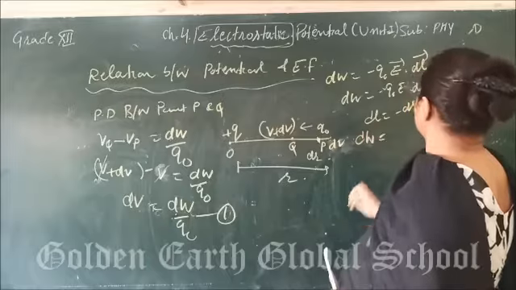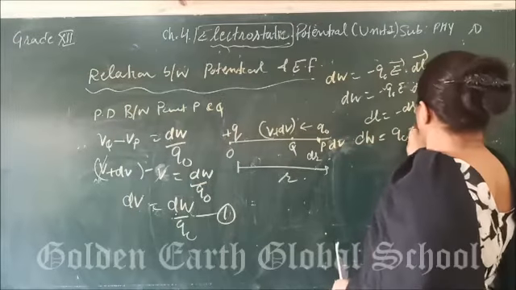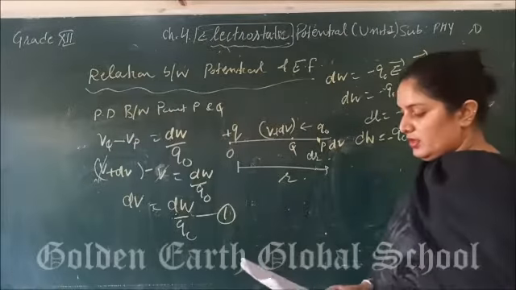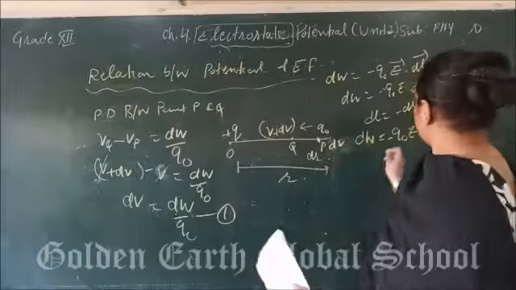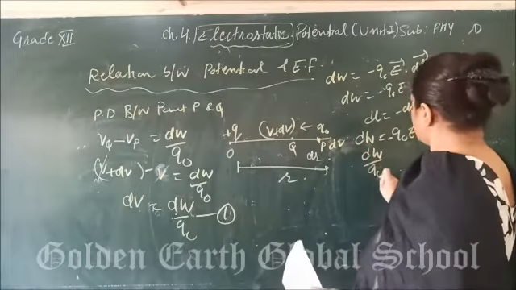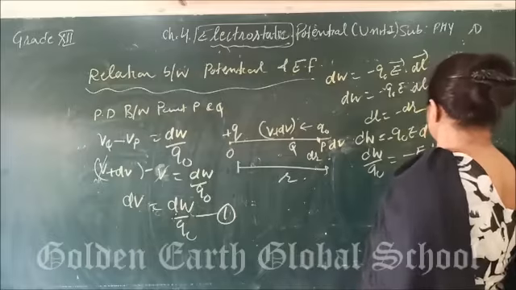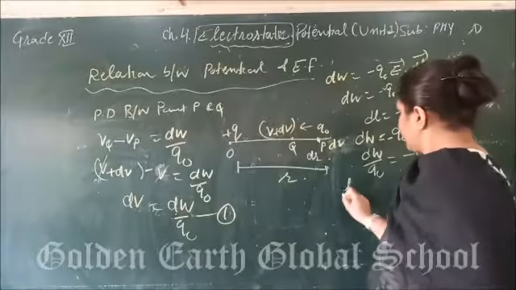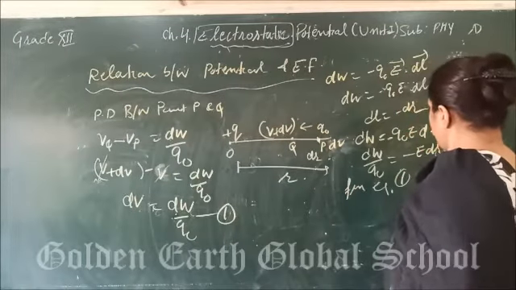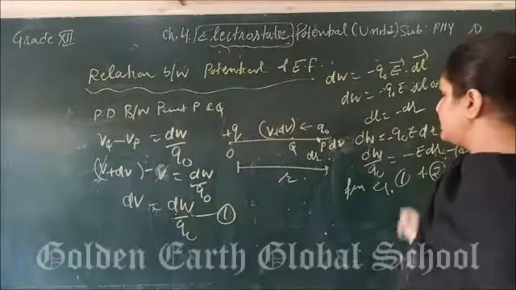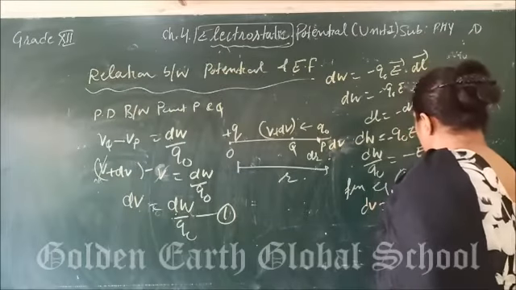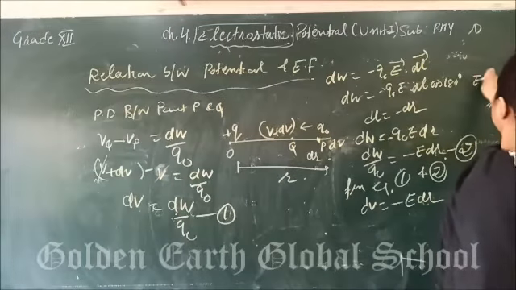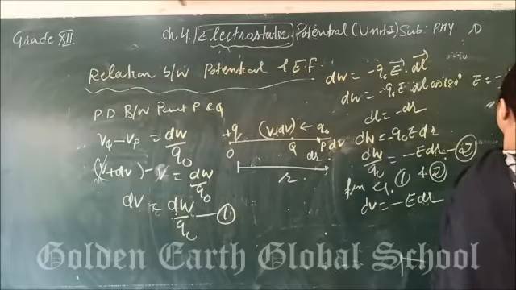So dW is equal to minus Q naught E times minus dr, that is Q naught E dr. From here dW upon charge Q naught will be minus E dr, equation number 2. Now compare equations 1 and 2. From equations 1 and 2, you will get dV is equal to minus E dr, or E will be equal to minus dV by dr.